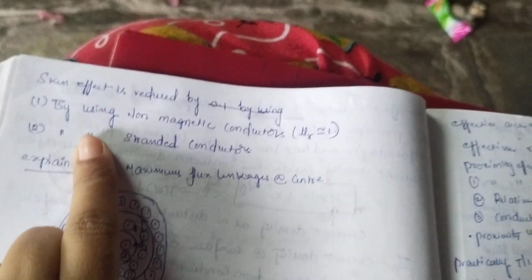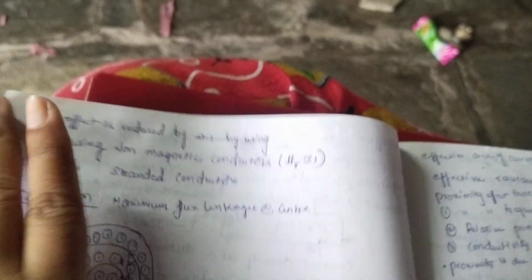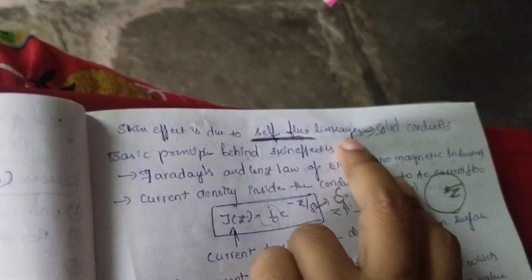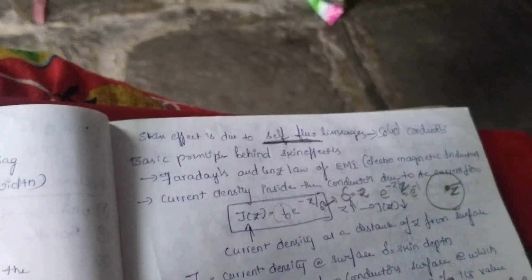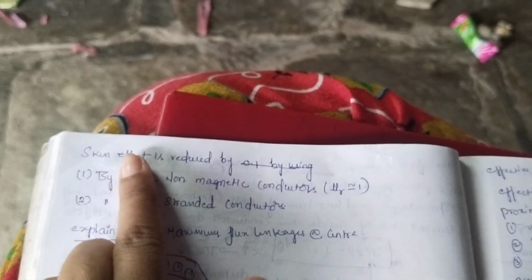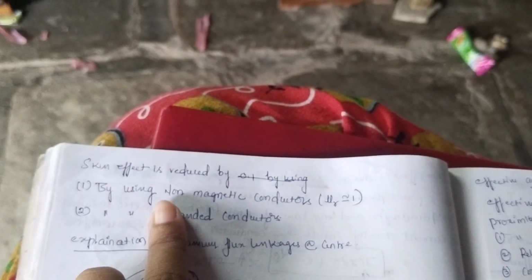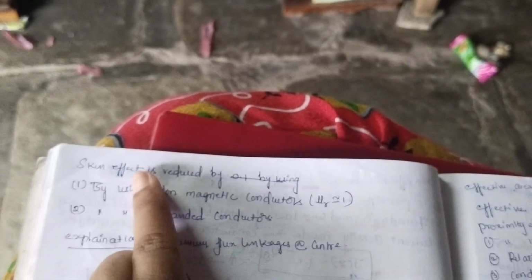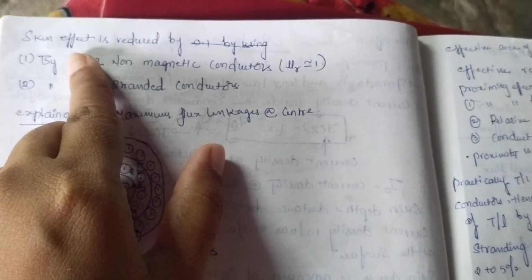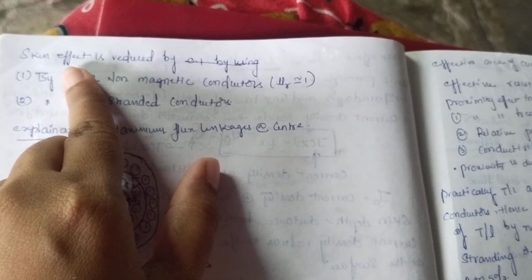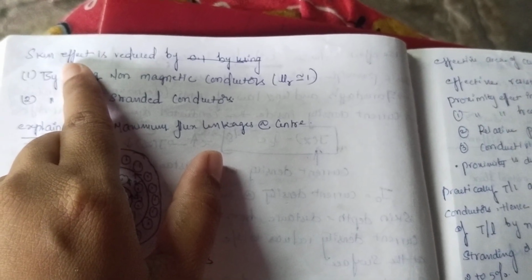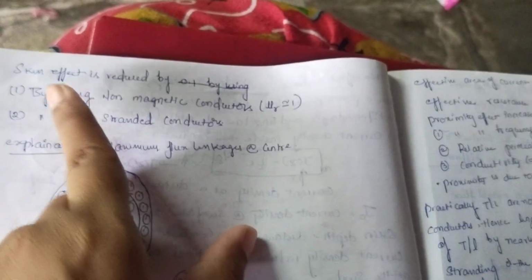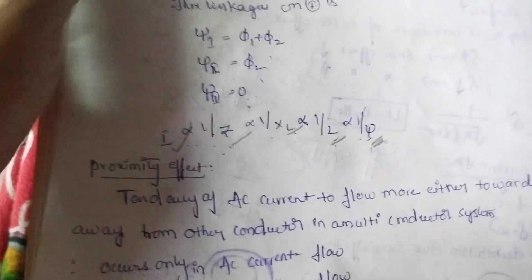Also, it occurs mainly in solid conductors, so instead of solid conductors, if you take stranded conductors, skin effect can be reduced. By using non-magnetic conductors, skin effect will reduce.